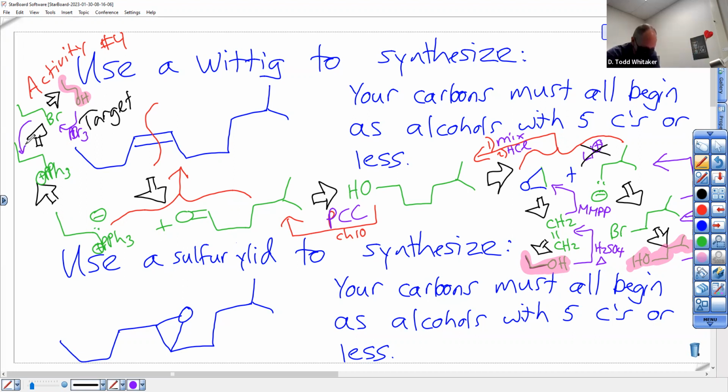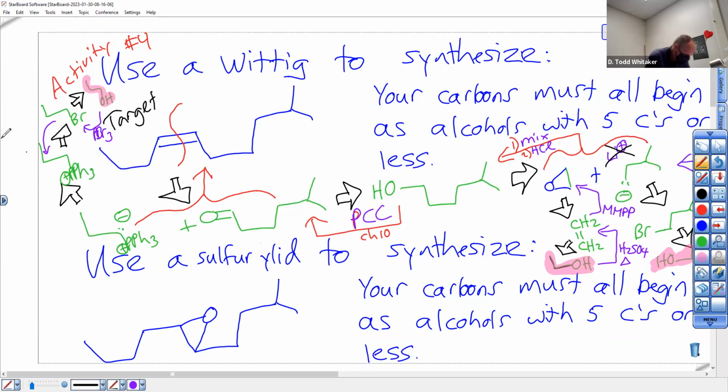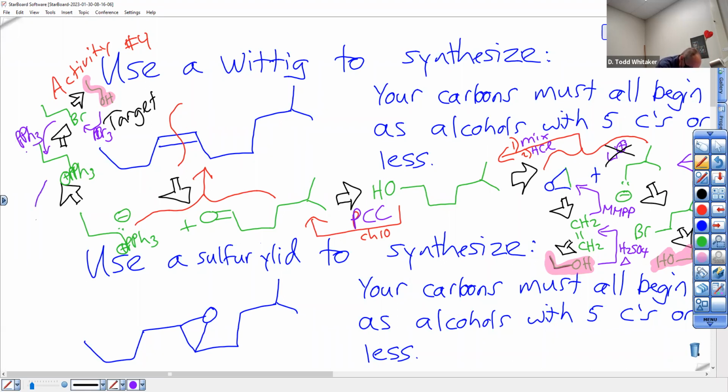I've got to move everything over because it does not like me writing over there. PPh3. And then the ylid precursor is going to become the ylid in an acid-base reaction, with any base that's the conjugate base of an acid with a pKa higher than 30. Remember, that's our new number, isn't it? 30. That's our new number.